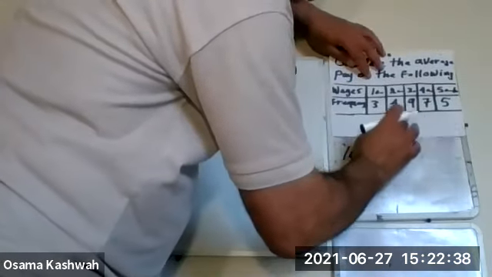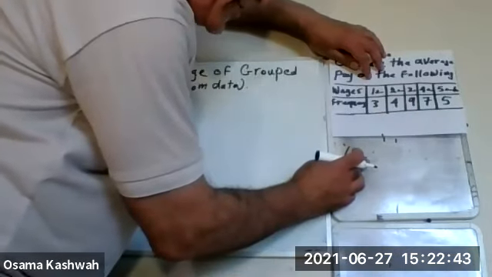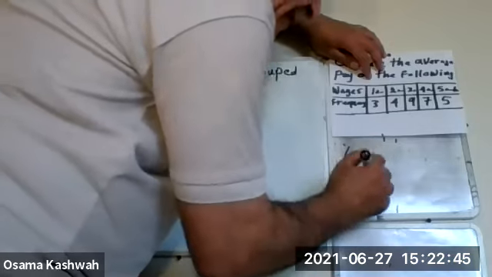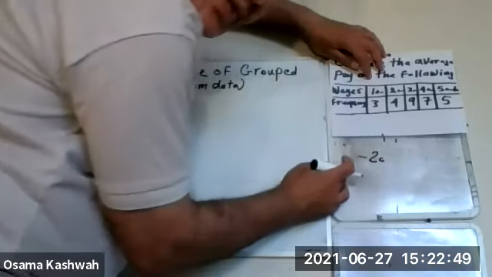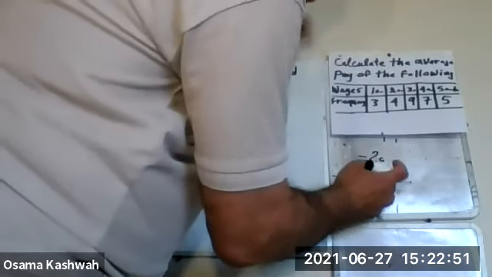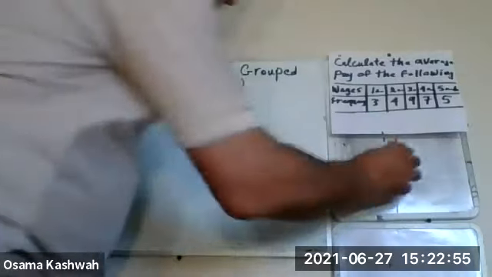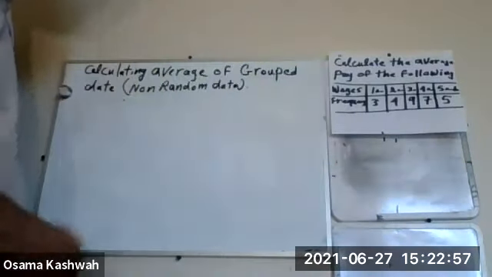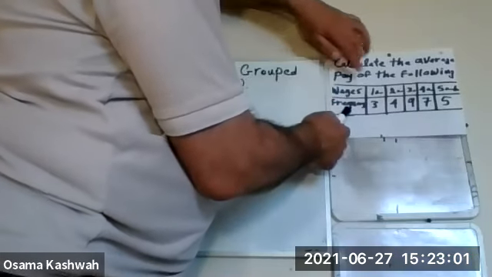Or sometimes it is open on one side. It might be left side open or right side open, for example 20 and the one before this is 10. What is the meaning of the denomination? Let's say this is the wages in the factory and this is the frequency.